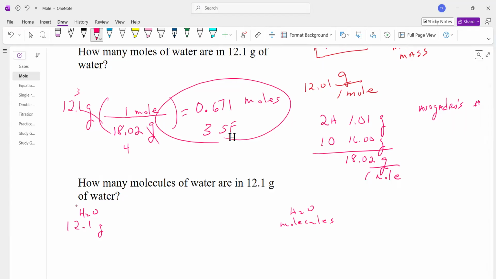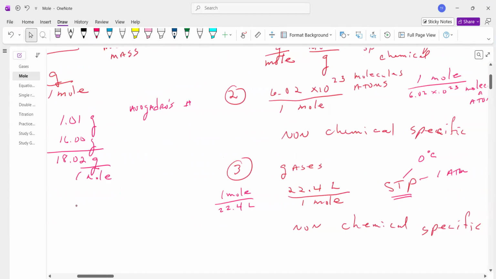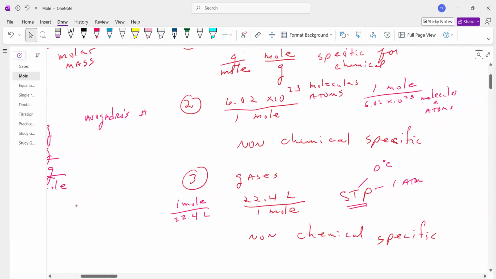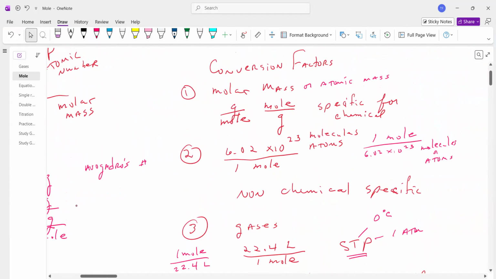So let's go to our conversion factor. And do you see? Well, there's Avogadro's number. That's per mole, though. So we can't go directly from grams to number of molecules. We have to go to the second conversion step.